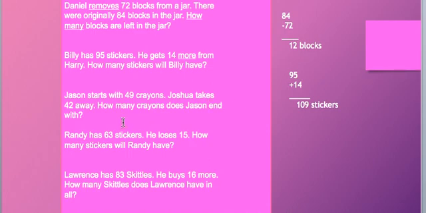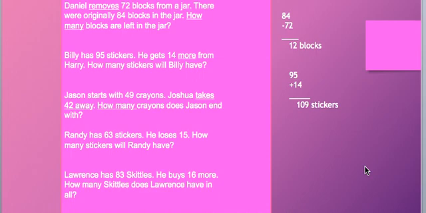All right, my next one says Jason starts with 49 crayons. Joshua takes 42 away. How many crayons does Jason end with? So I'm going to underline takes 42 away, and then how many. Those key words that I've underlined help me to understand that I need to subtract for this problem.